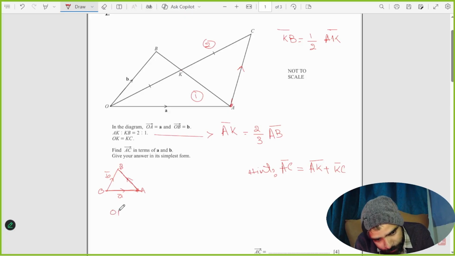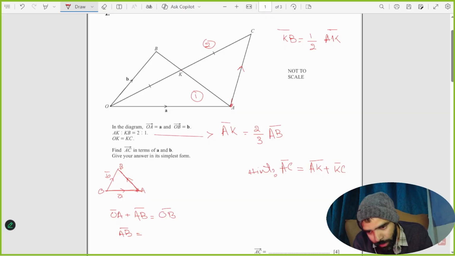So OA plus AB is equal to OB. Now OA goes to the other side, and you find AB.